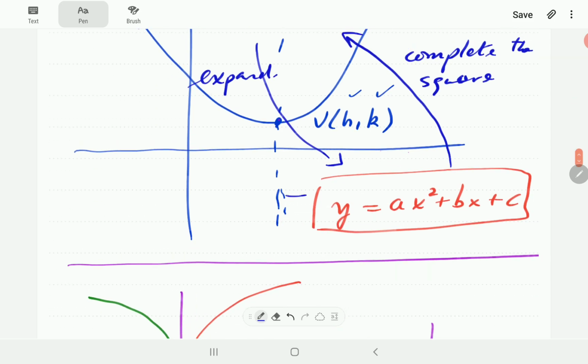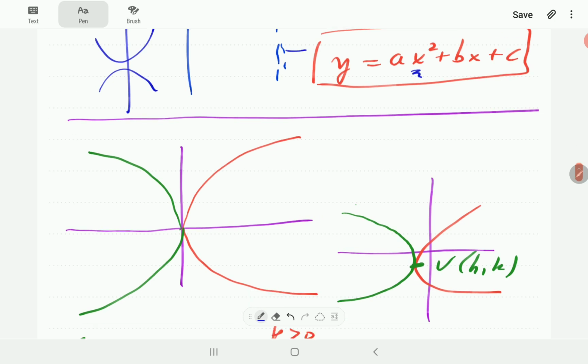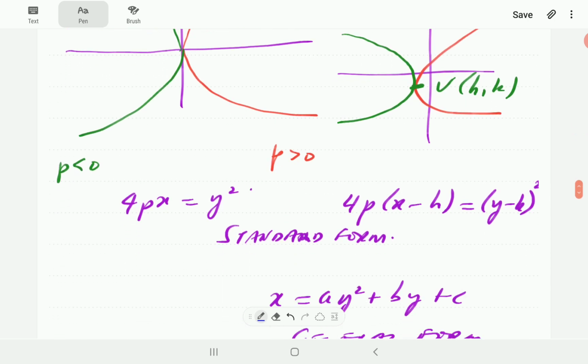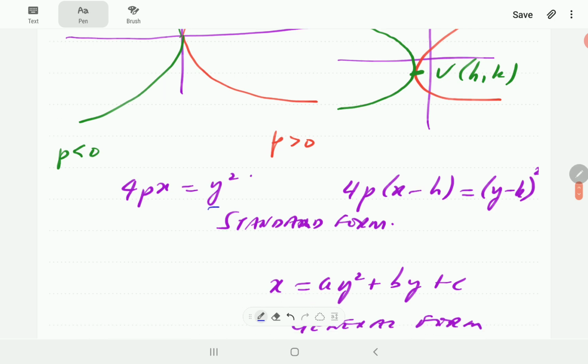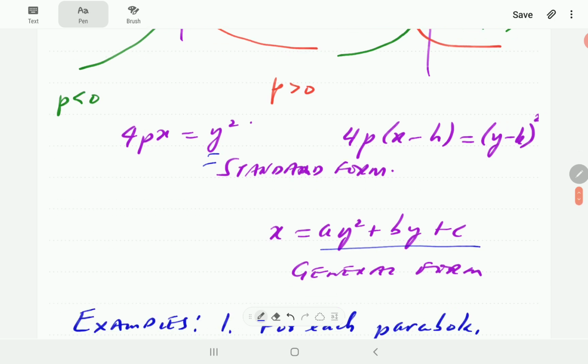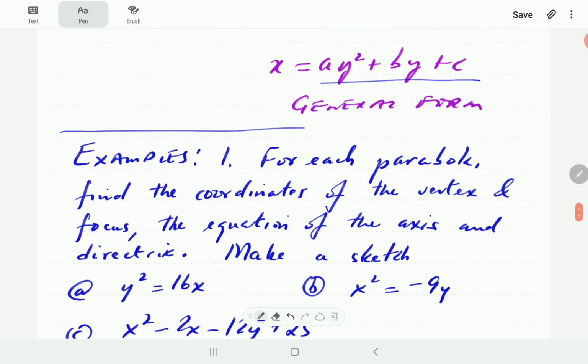And if it's the x that is squared, then the axis of the parabola is vertical, so it opens upwards or downwards depending on the sign of p. If it's the y that is squared, then the axis is horizontal, and it opens to the left or to the right.